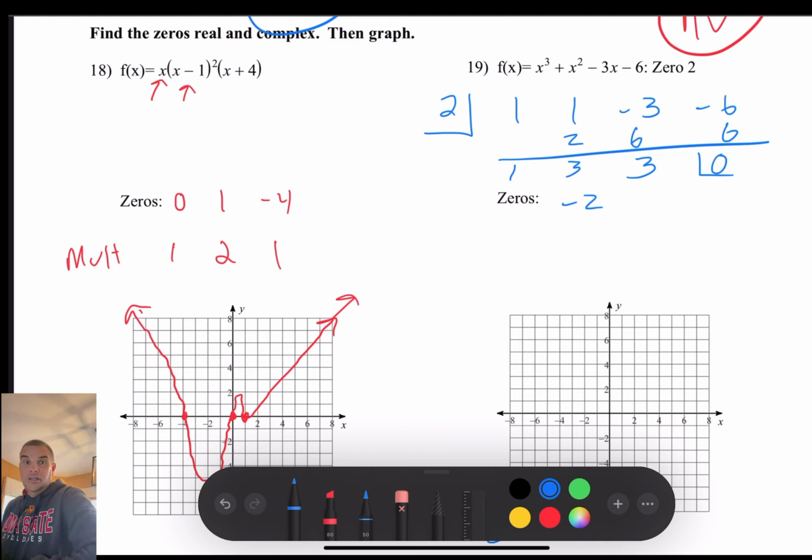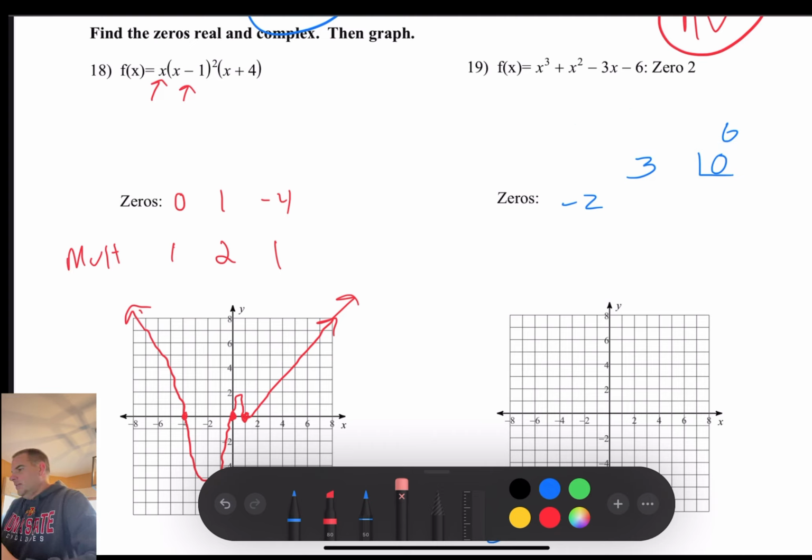Okay, so I'll change that one on the assignment. I'm not going to redo my whole thing here. I'll change what the question says. One of my zeros here is not 2, and your assignment will say this: that should be -2 is one of your zeros.